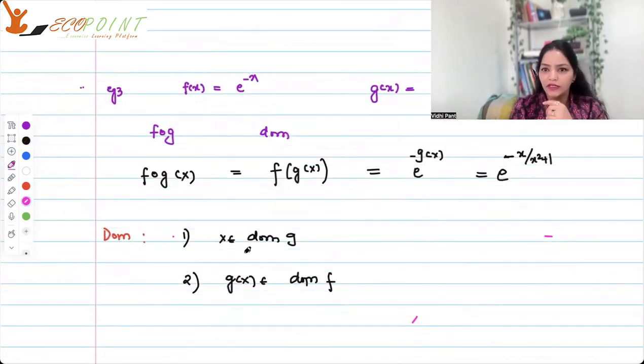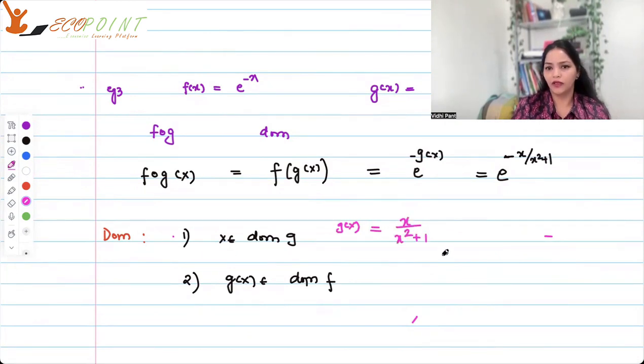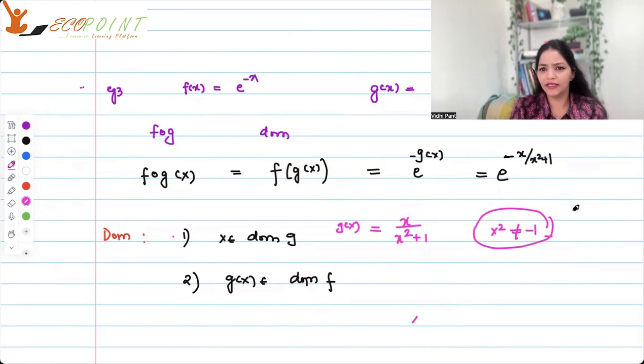So let's take the first condition. x belongs to the domain of g. So do we have any restriction on x? Well, g(x) is x upon x square plus 1. So the only problem we could have had is x square being equal to minus 1. Well, that is never the case. x square plus 1 is always positive.